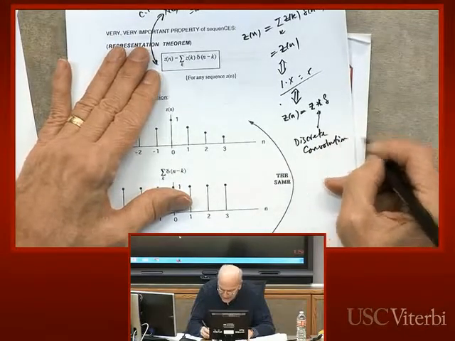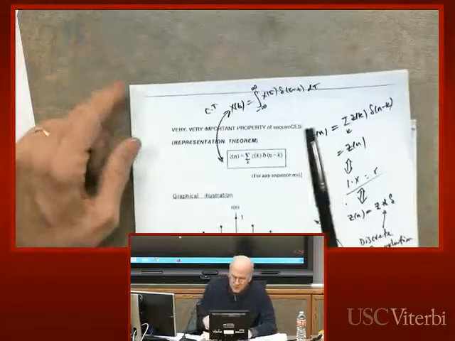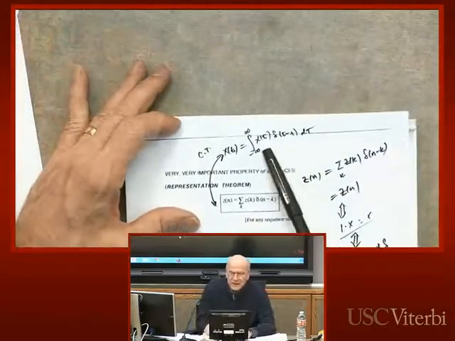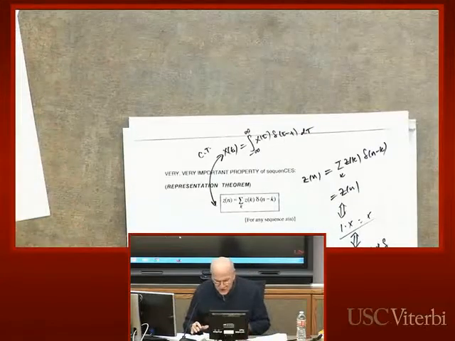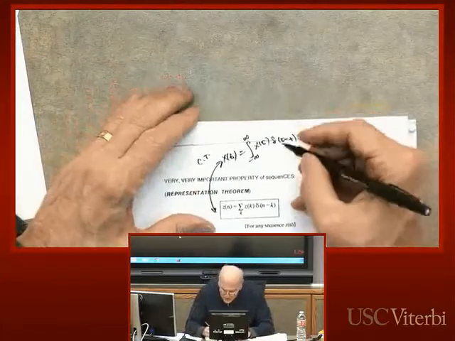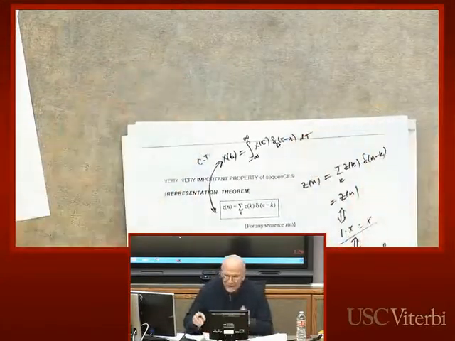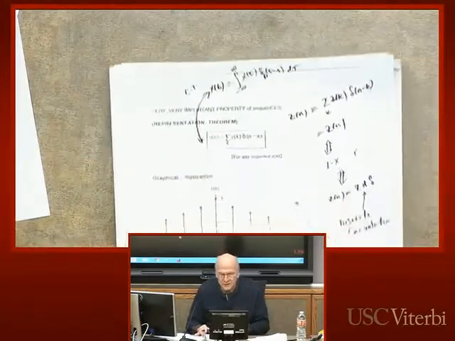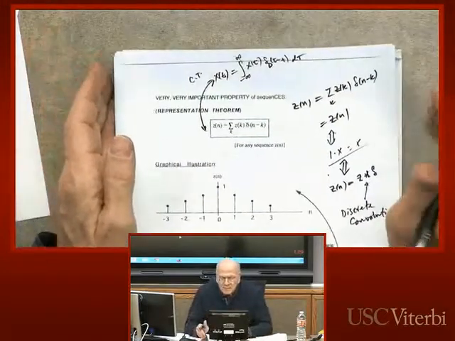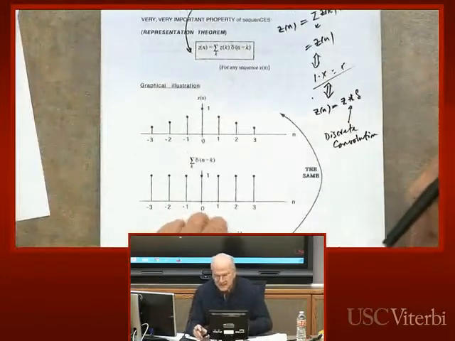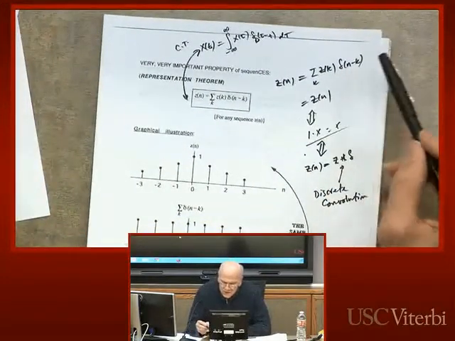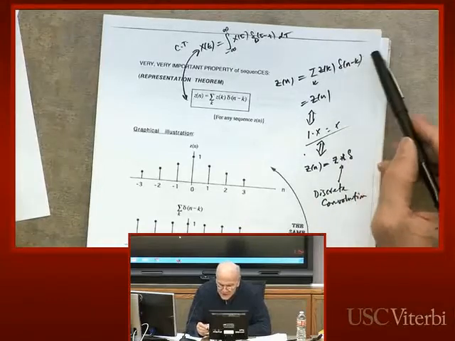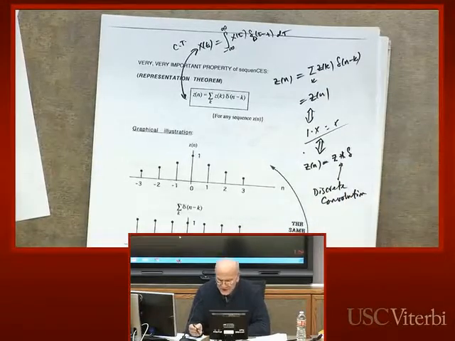It's analogous to the continuous world. This would be considered, in a continuous world, a convolution of x and a Dirac delta function. Maybe I should call it D for Dirac, to distinguish it from our delta function. Similarly, in the discrete time world, this sum is called a discrete convolution between z and delta.